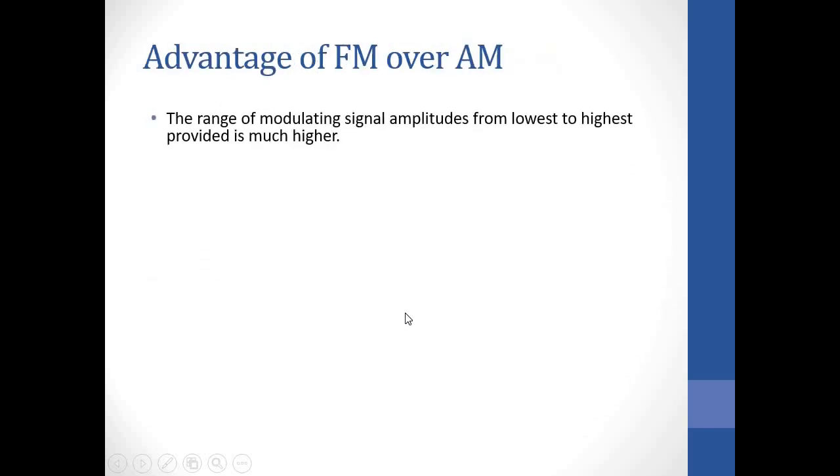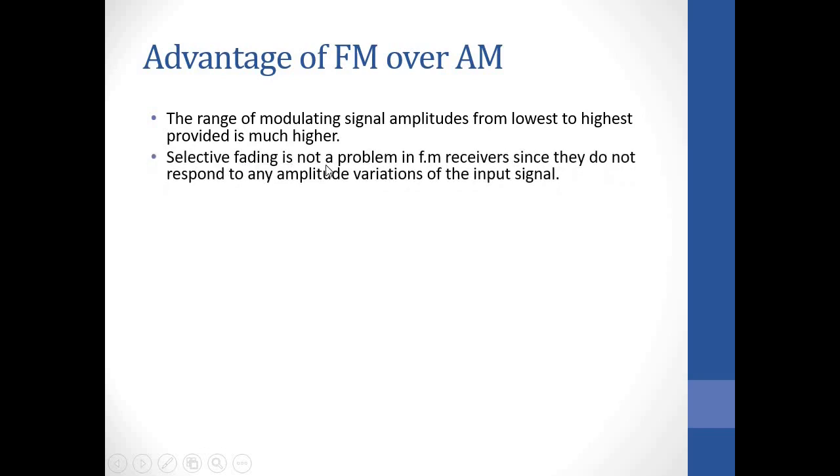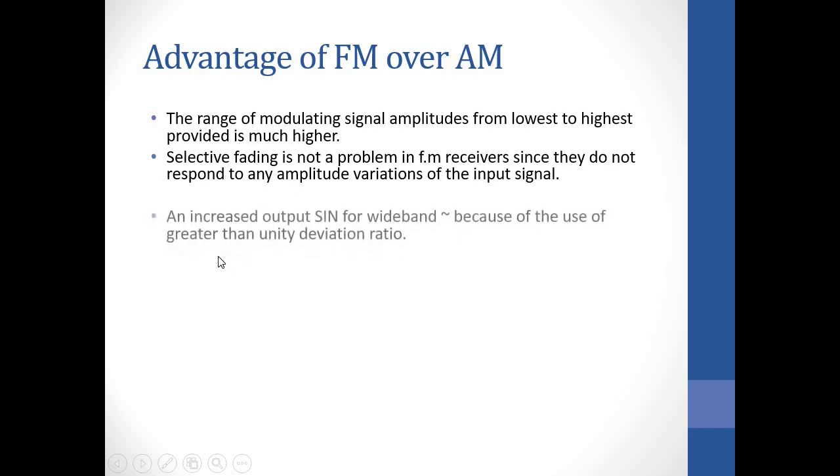So these are the advantages of FM over AM. The range of modulating signal amplitude from the lowest to highest provided is higher. Selective fading is not a problem, since the amplitude is constant for an FM wave, so fading is not a major issue.